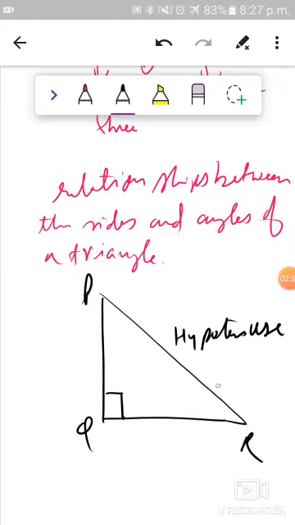And the other sides are called base and perpendicular.